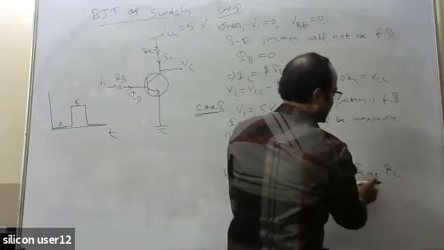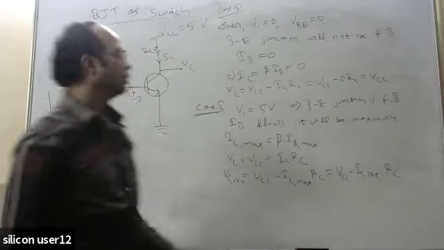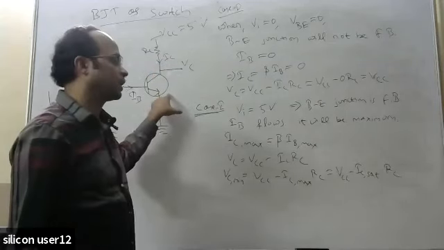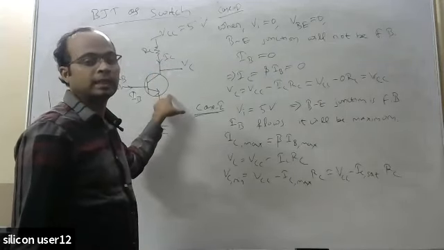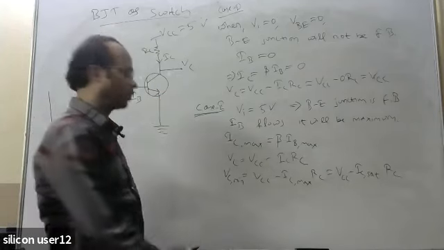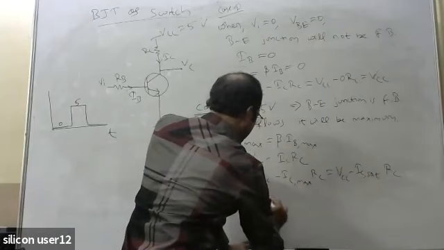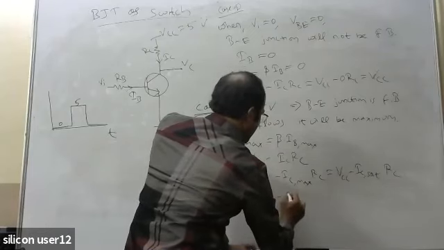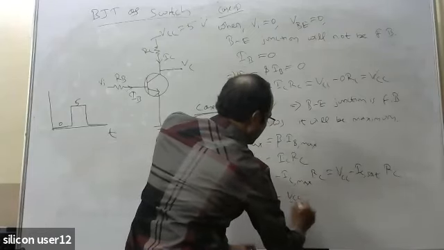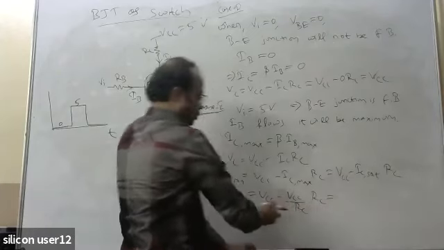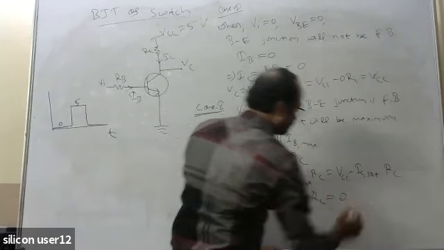How much is the IC sat value? Already I have told you, in the common emitter connection, IC sat is equal to VCC by RC. If you put that in place of IC sat, it is VCC minus VCC equal to 0.